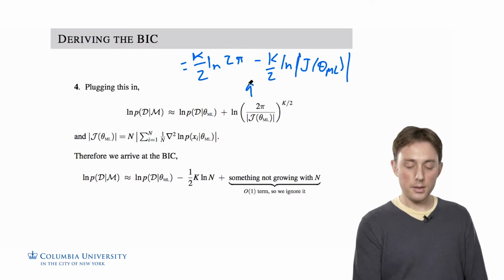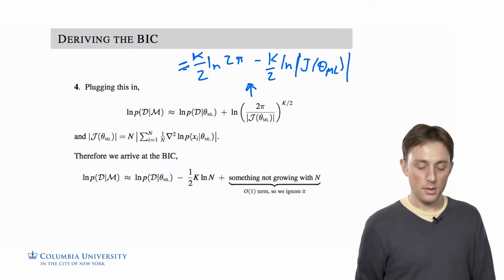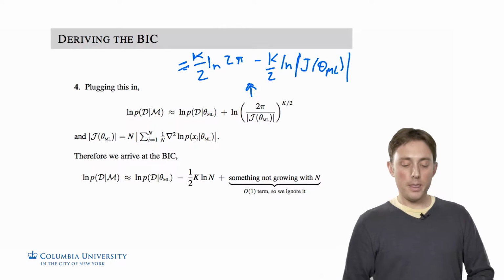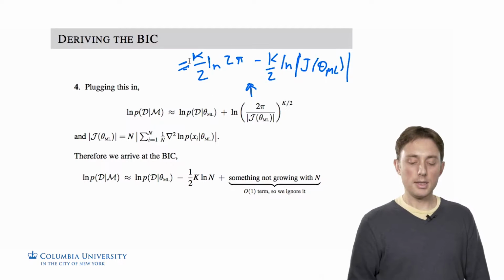So I've simply taken this value and expanded it out like this. Now notice a couple of things. First, as the number of observations increases, this thing is not increasing very quickly, so what we're going to do is simply ignore this term.